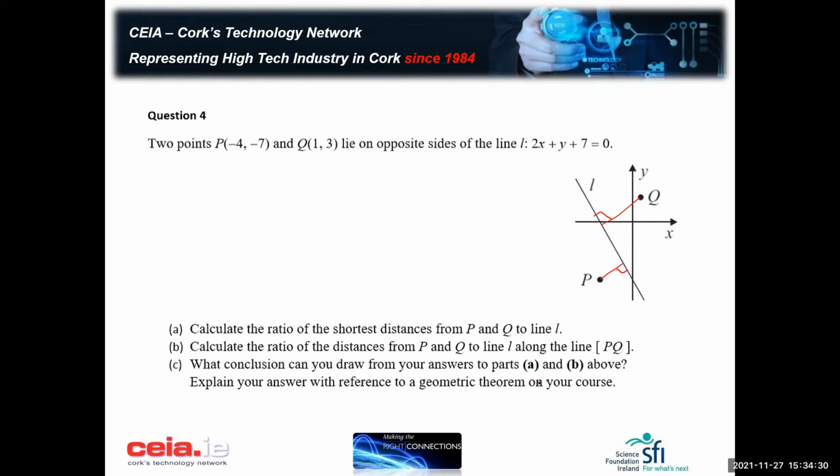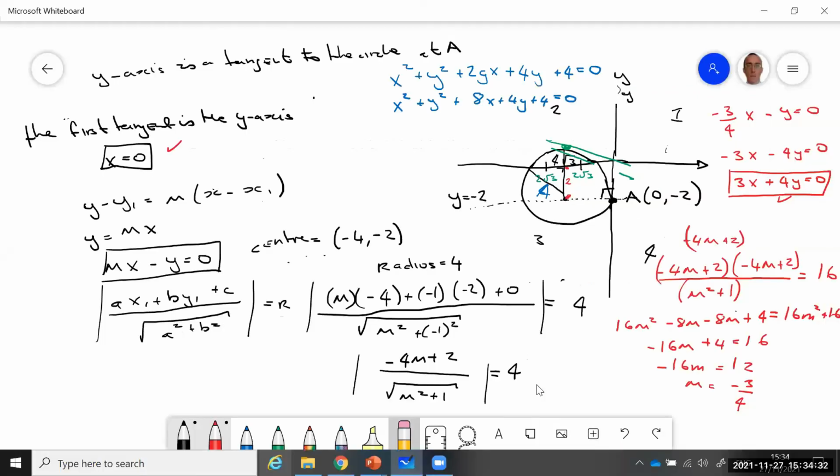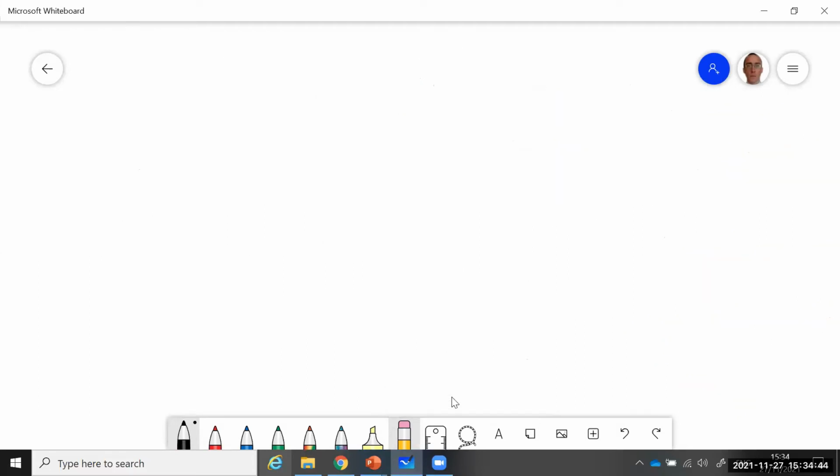So if I go back to my whiteboard, let's find the perpendicular distances.